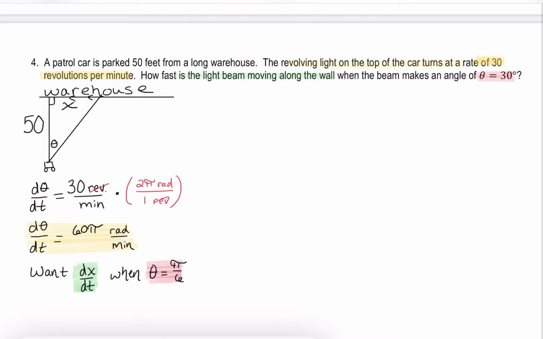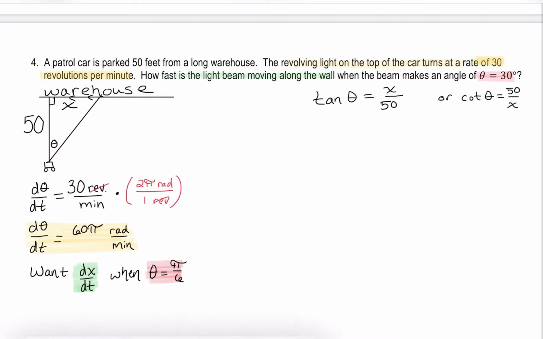So the trig ratio that you should be thinking about should be either tangent theta equals x over 50, or you could think about cotangent of theta equals 50 over x. And there will be times that you'll want to use this one. I would pick, obviously, the tangent one.